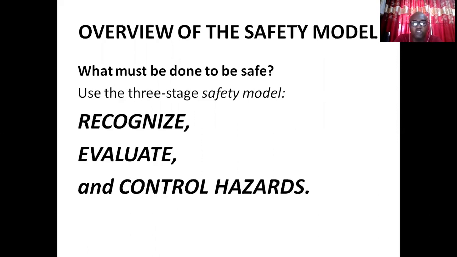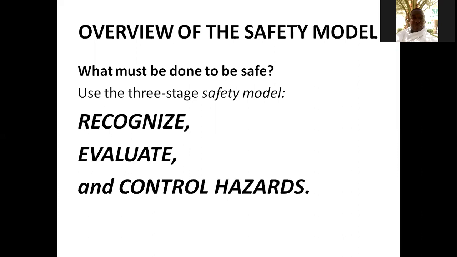What must be done to be safe? If you want to feel safe, what are you going to do to feel safe? In trying to be safe, there are 3 stages of safety model. The first stage is recognize. The second stage is evaluate.